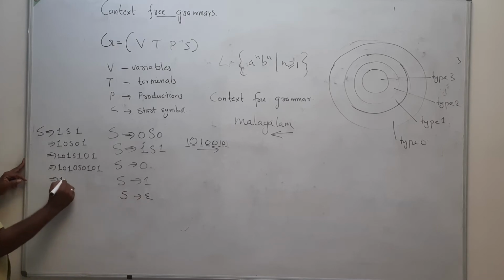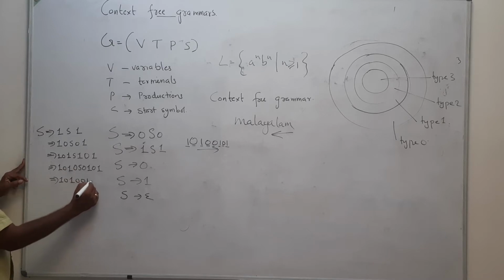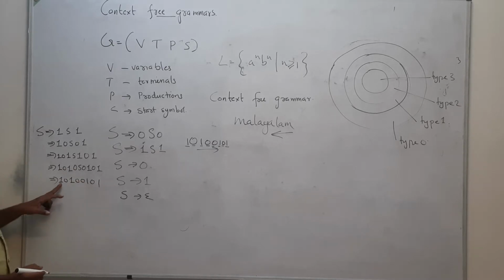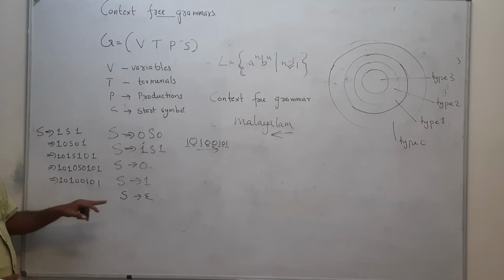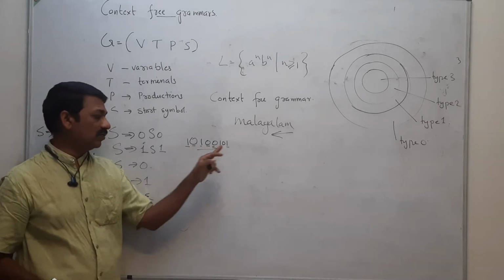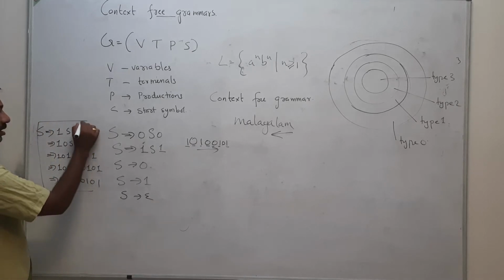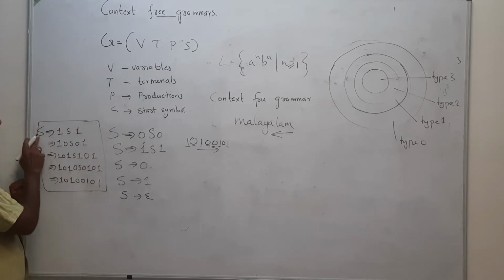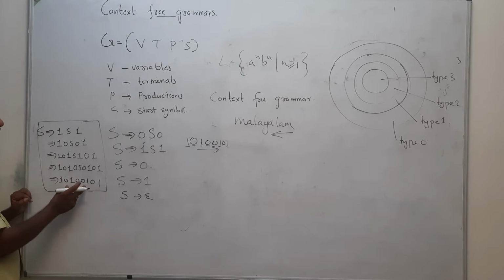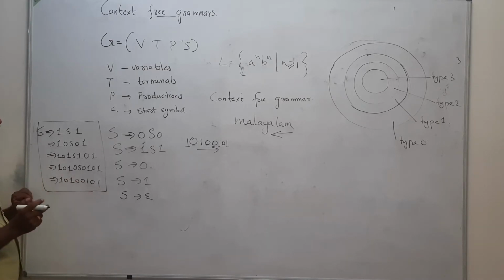Then that becomes 1, 0, 1, 0, and this S is replaced with nothing, that means 0, 1, 0, 1. That means 1, 0, 1, 0, 0, 1, 0, 1. So I have generated a derivation for this. From the start symbol, you are able to reach the final string.